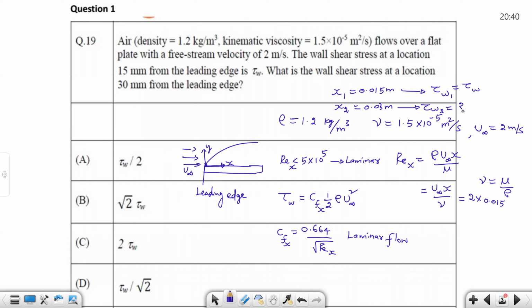So now first we need to find out the Reynolds number for x1 0.015 meter. Let's see, this divided by this nu, 1.5 into 10 power minus 5.